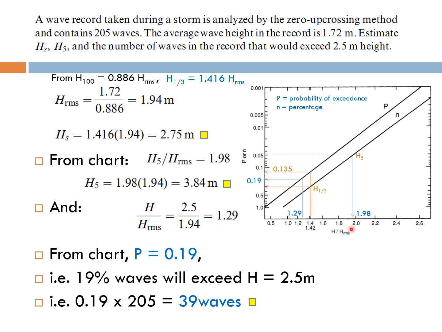This is the axis for H over H RMS. 1.29 is located somewhere here. And so from this, if we read to the curve P, we obtain approximately 0.19, which means 19% of the waves are expected to be larger than this wave height of 2.5.